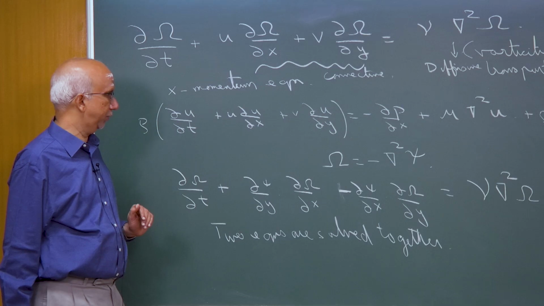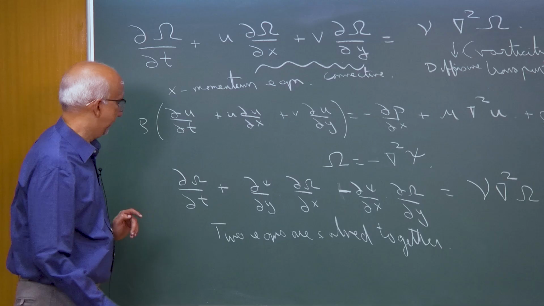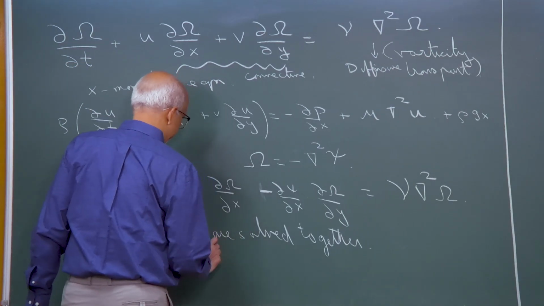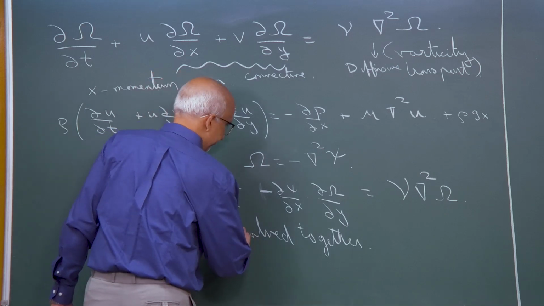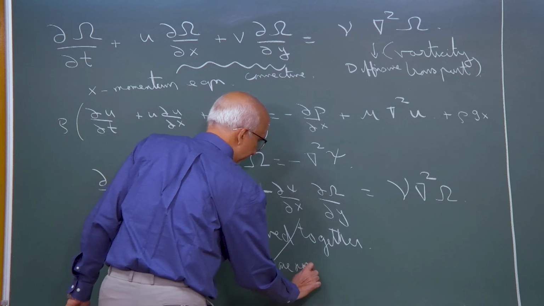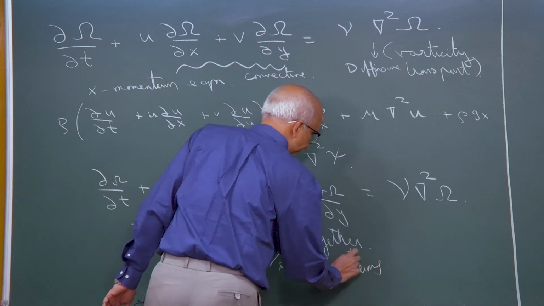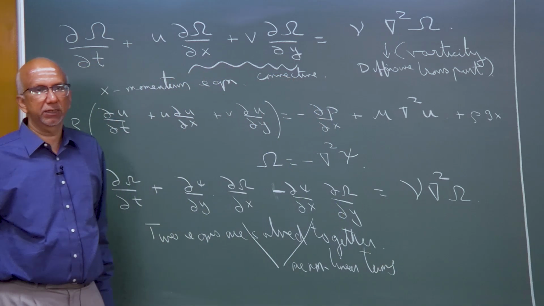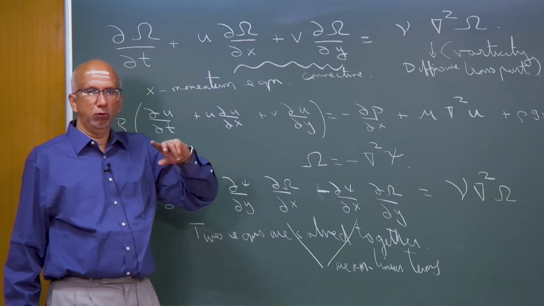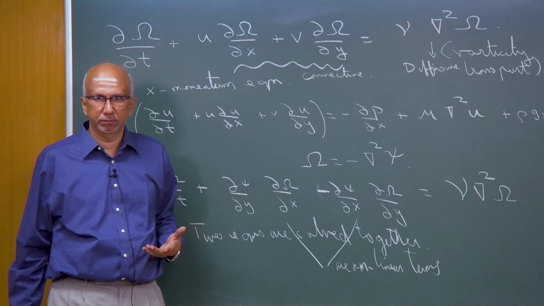So, one thing which I want you to recognize is that these two terms here are the nonlinear terms, and because they are the nonlinear terms, when you have to solve, why is it nonlinear? Because the two dependent variables psi and omega, they are multiplying each other. Okay.